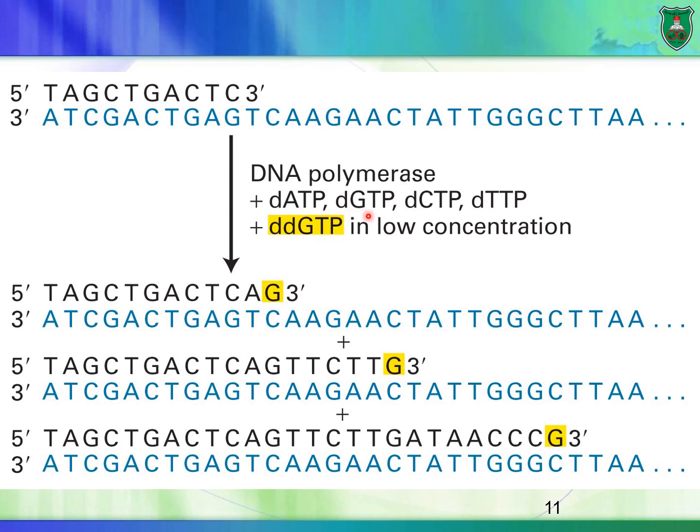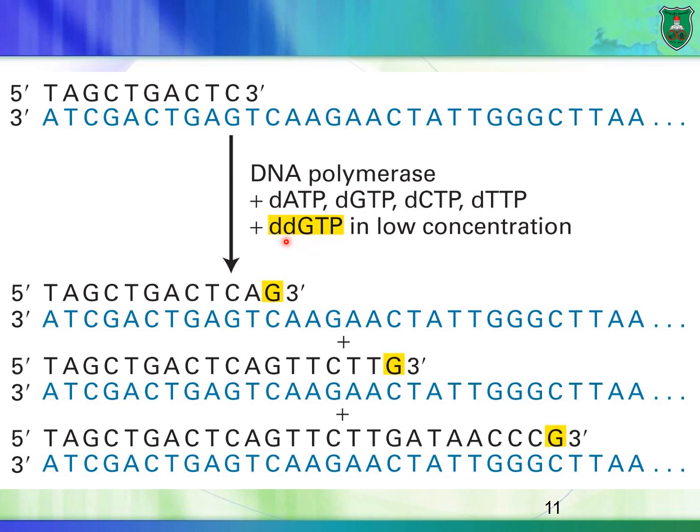We have a deoxy-GTP and we have a dideoxy-GTP. Now, there is a chance, and since dideoxy-GTP is present at low concentrations, there is a good chance that a deoxy-GTP is added. If a deoxy-GTP is added right here, it means that DNA synthesis can continue, right?